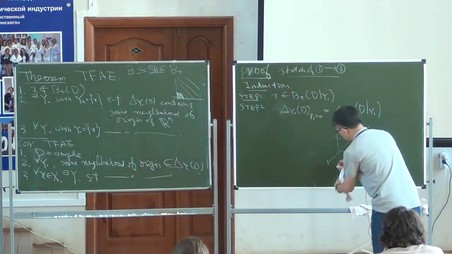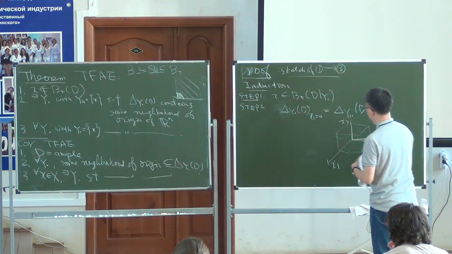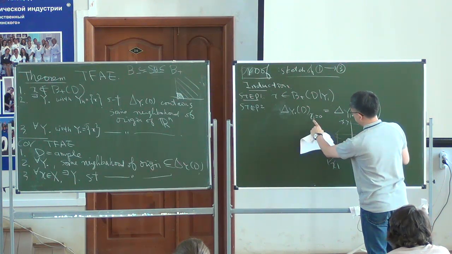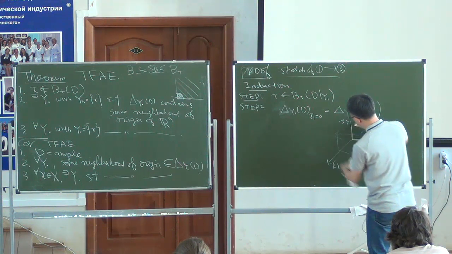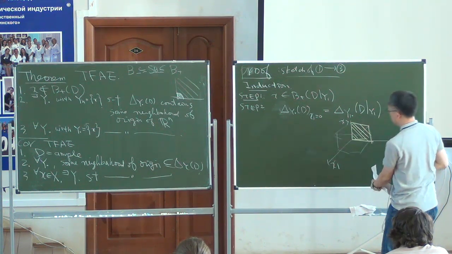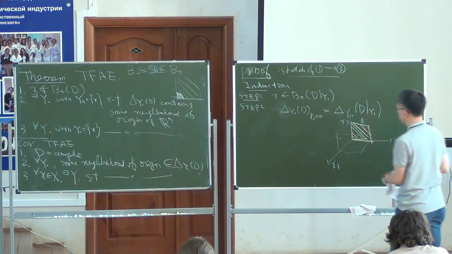So this is the x1 axis, x2 axis, and x3 axis. Okay, so if you restrict onto this coordinate, then you get this picture. And then this is equal to this.